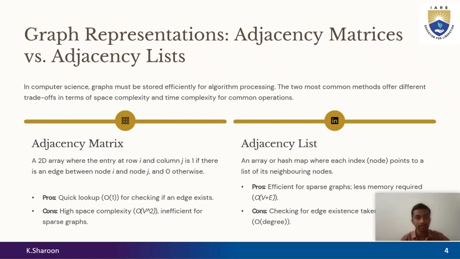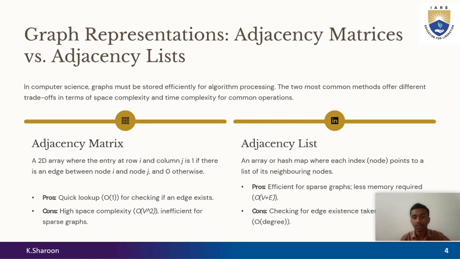Adjacency matrix: a 2D array where the entry at row i and column j is 1 if there is an edge between node i and node j, and 0 otherwise. Pros: quick lookup for checking if an edge exists. Cons: high space complexity, inefficient for sparse graphs.